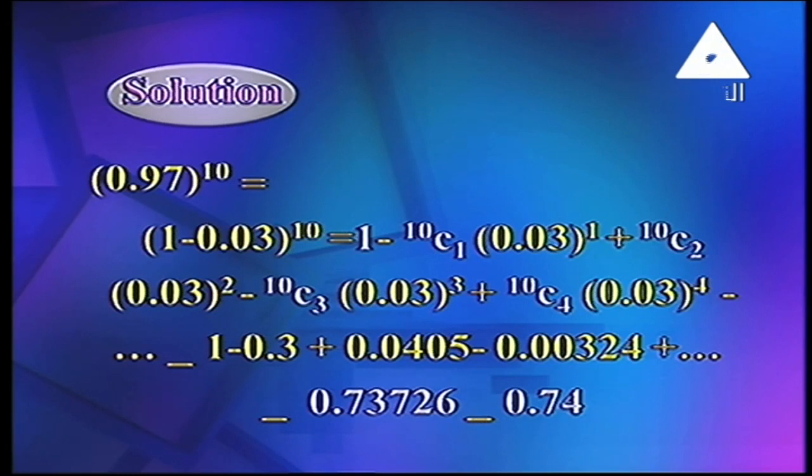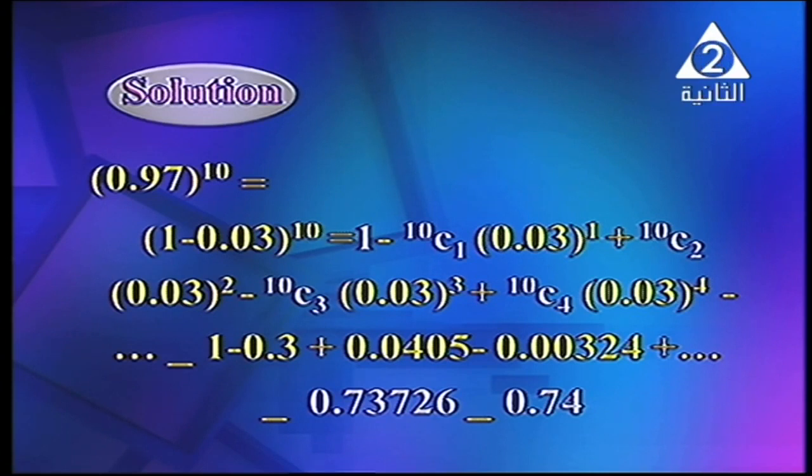By using the binomial theorem, it equals 1 - 10C1 (0.03)^1 + 10C2 (0.03)^2 - 10C3 (0.03)^3, and so on.